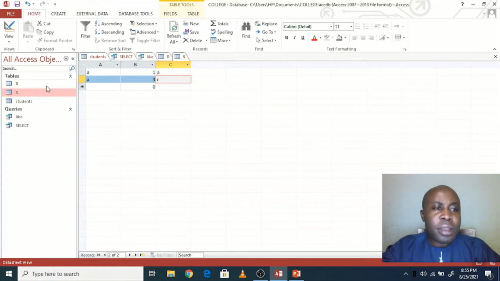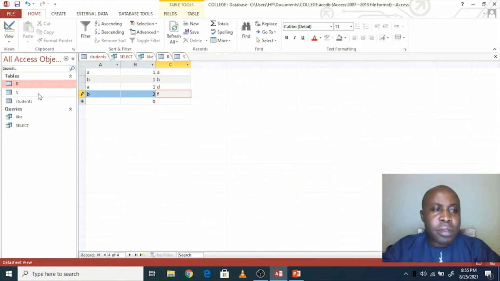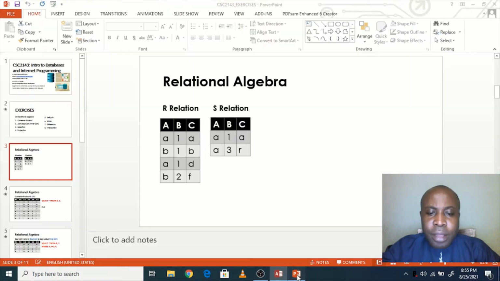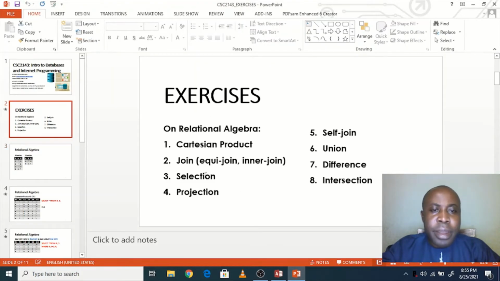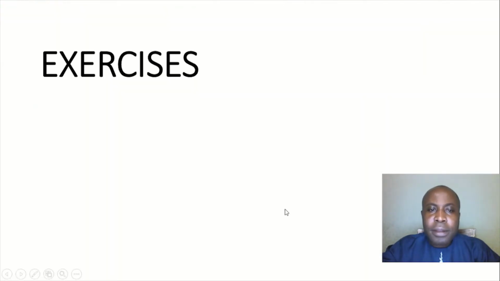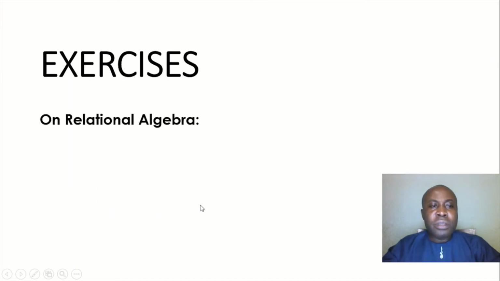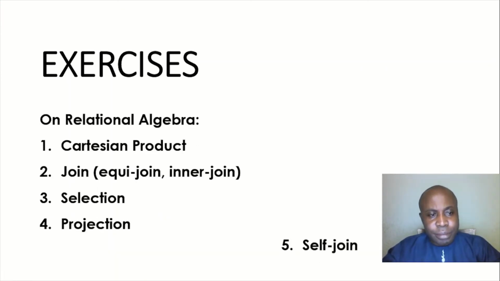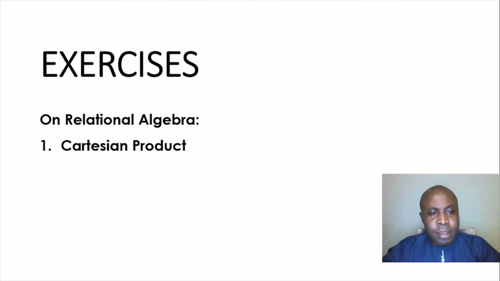So these are the two tables that we are going to use to check how Cartesian product works. As you remember, we are now checking how the relational algebra can be used practically. So we will start with Cartesian product.